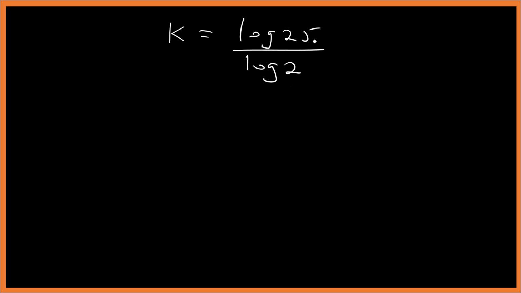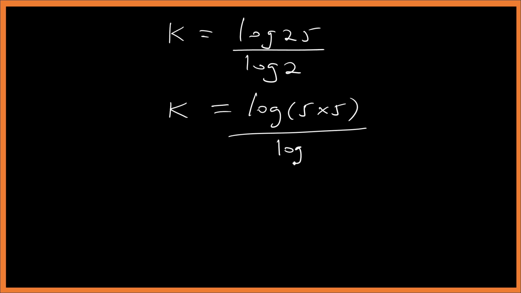Now, can we reduce this? Okay. So 25 is the same as, so we can make this log 5 times 5 on log 2. So 5 times 5 is 25.